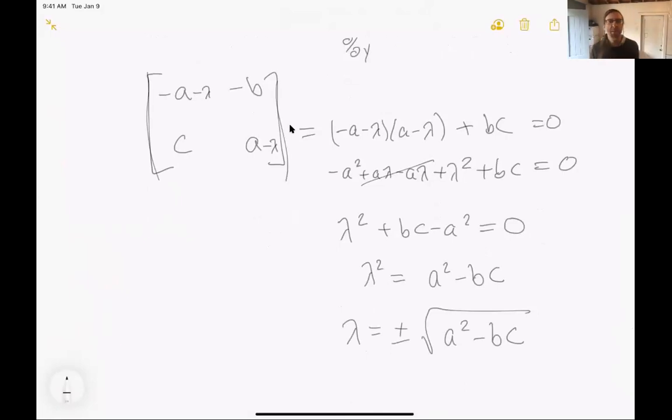All right, now two things can happen. Either a squared minus bc is greater than 0, or it's less than 0, or it equals 0, and we should think about that case a little separately. But the two most common cases are when the thing under the square root is greater than 0, and when it is less than 0. When it's greater than 0, then what kind of equilibrium point do I have?